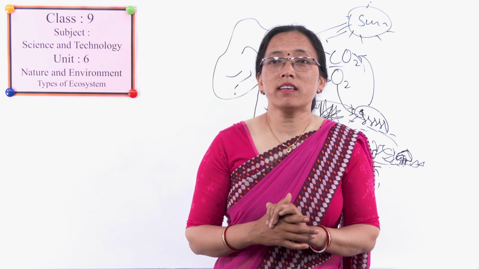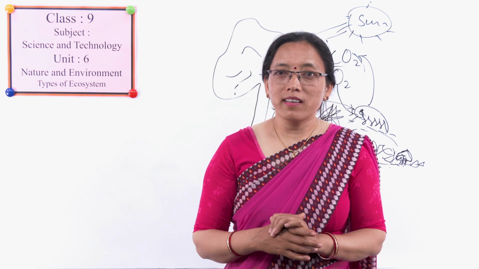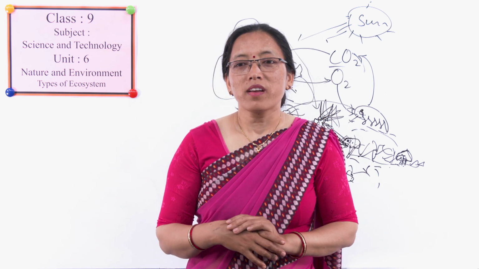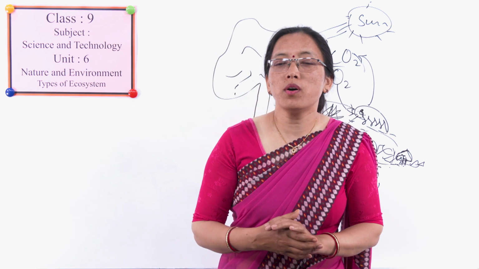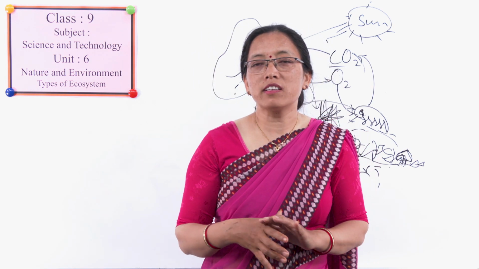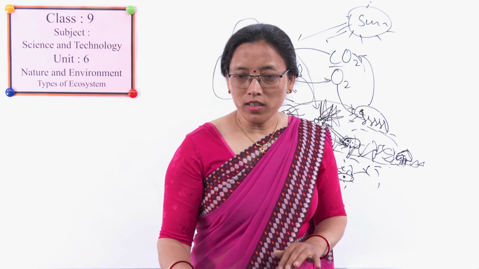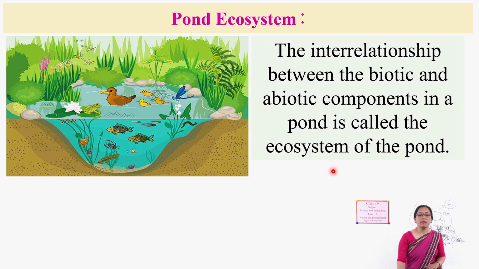And do you see there is sunlight in the pond? Yes, there is sunlight falling on the water also. And also there is soil inside the pond water. There is also landform, and where there is, you can find soil. So what are the abiotic factors there?